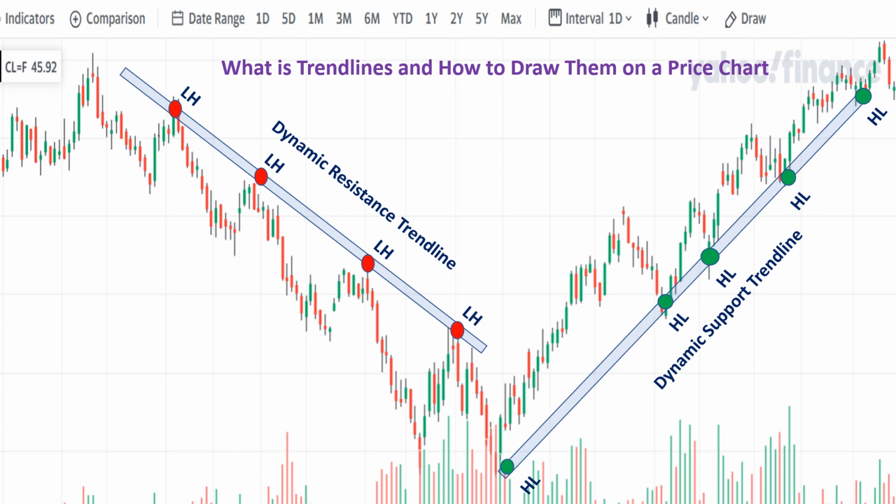Second, trend lines often act as dynamic support or resistance levels, where the price tends to bounce off or encounters resistance when approaching the trend line.